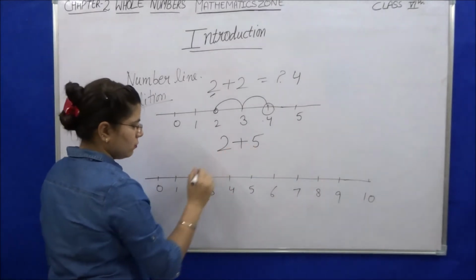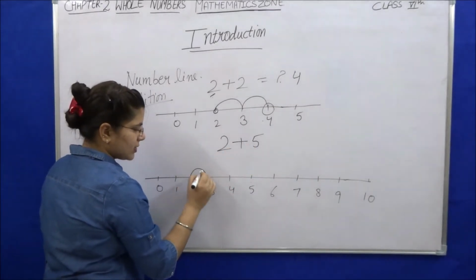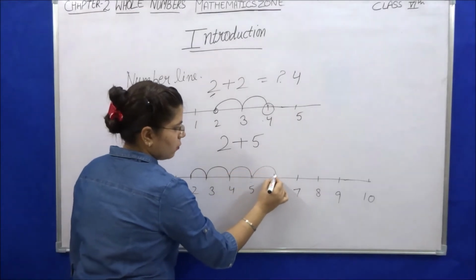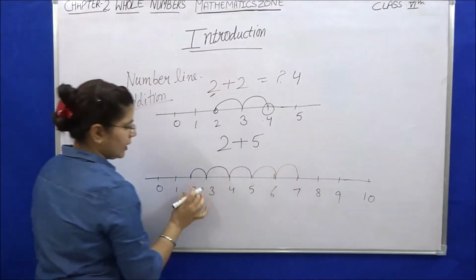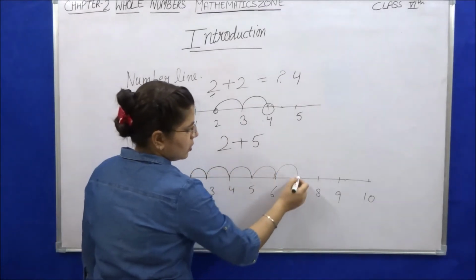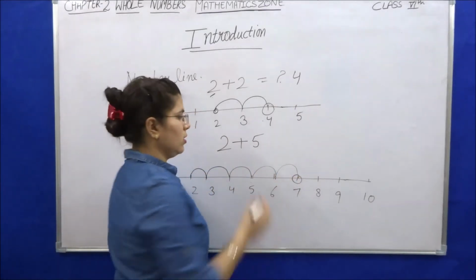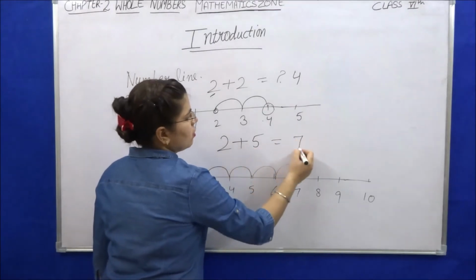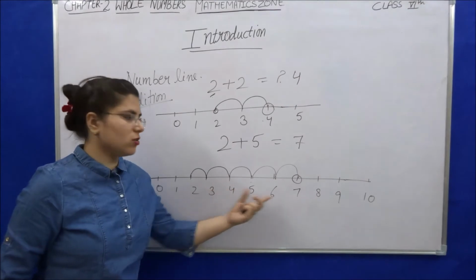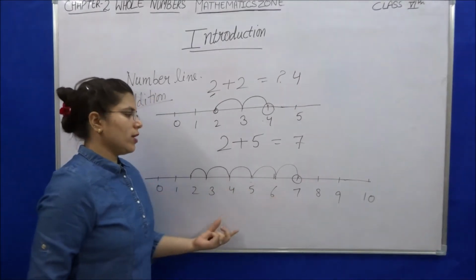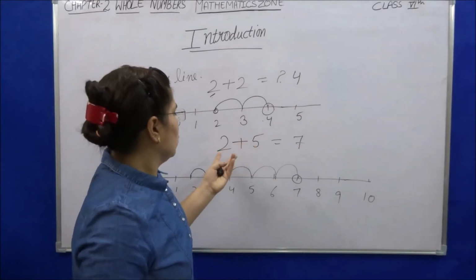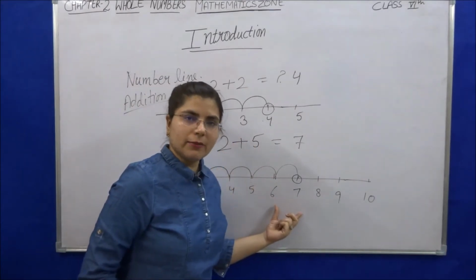Next is 5, so we will move 5 steps: 1, 2, 3, 4, 5. So our answer will be 7. Of course 2 + 5 is also 7. Hence in this way we can represent the addition of 2 numbers on a real number line.